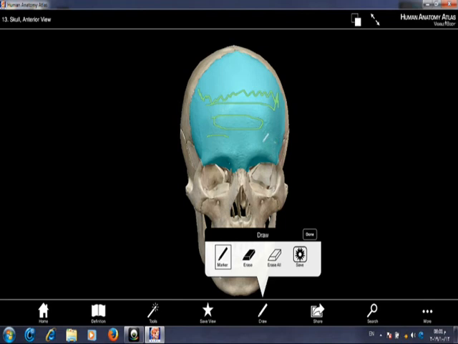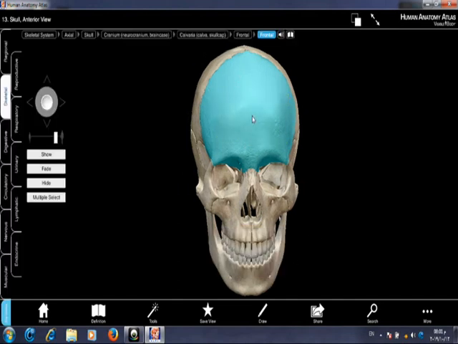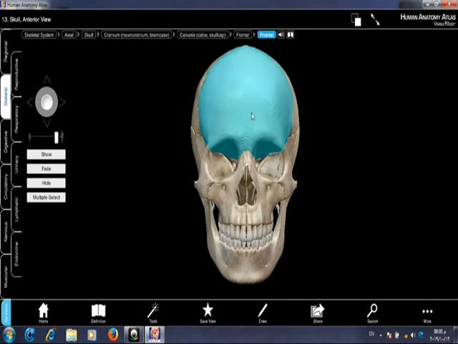This is cosmetic or obvious for any people, but medically, we find the sinus here, sinus here and sinus here. All this is called the frontal bone.